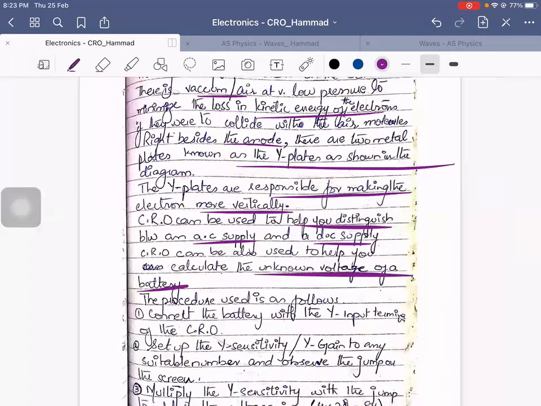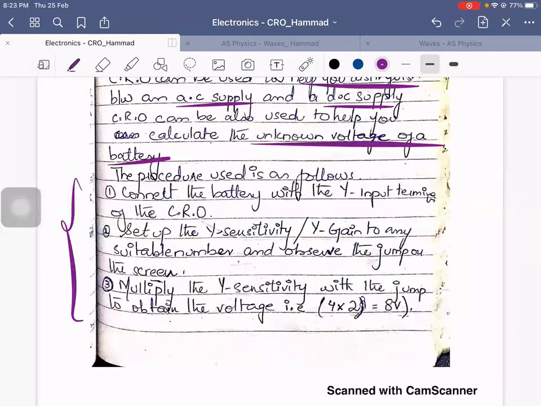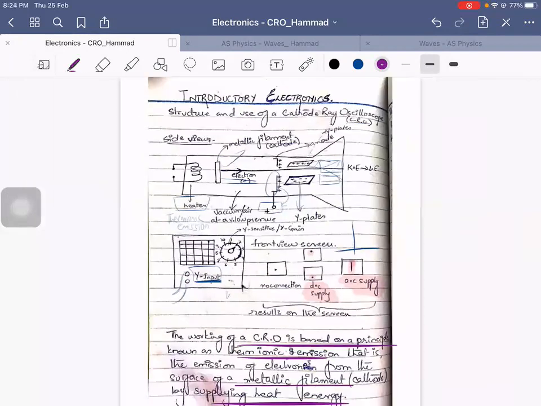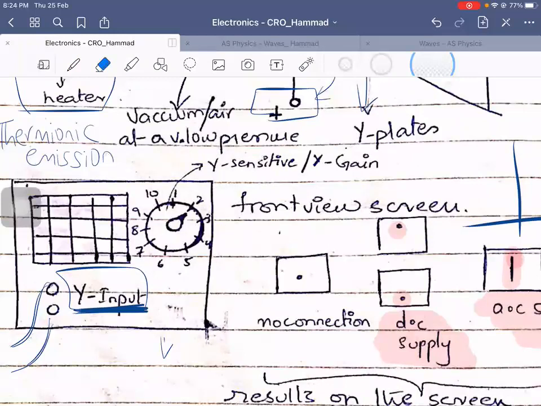The exact procedure is as follows: you initially connect the battery with the Y input terminals of the CRO. You set up the Y sensitivity or Y gain. Now, Y sensitivity or Y gain is a knob value, right? This will give you an estimate about the jump of the wave upwards or downwards on the screen.